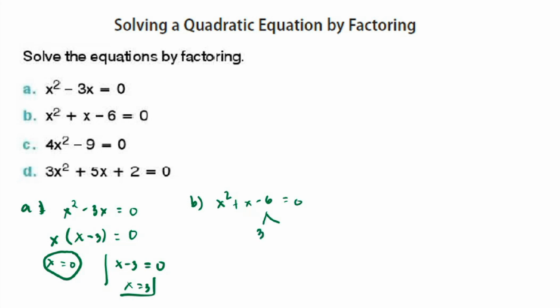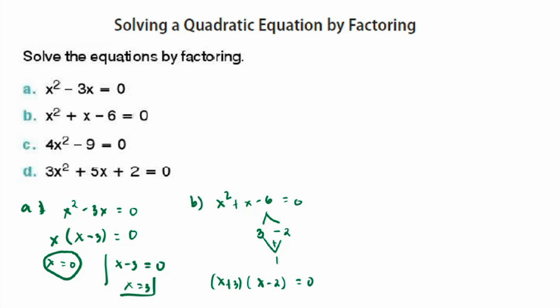So I would choose positive 3 and negative 2. 3 times negative 2 is negative 6, but if you add them, we have positive 1. So the factors will be written as x plus 3 times x minus 2 is equal to 0.